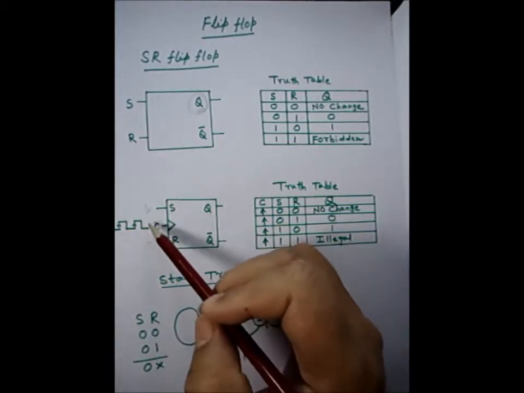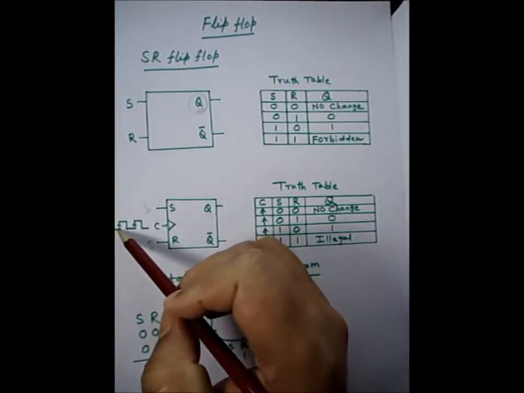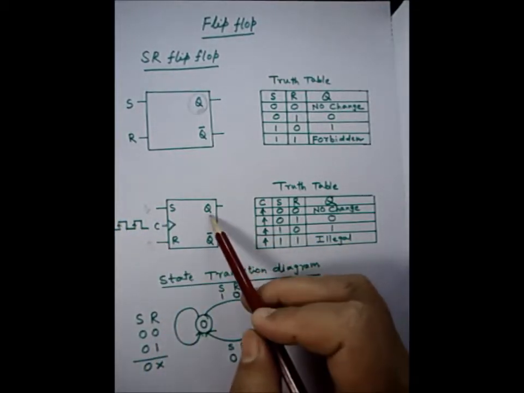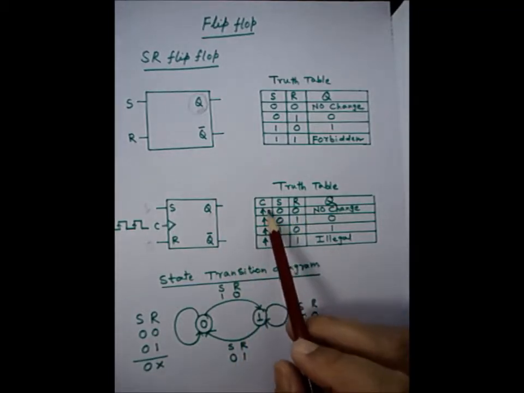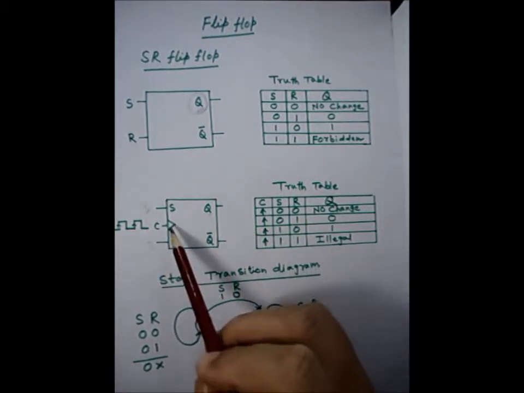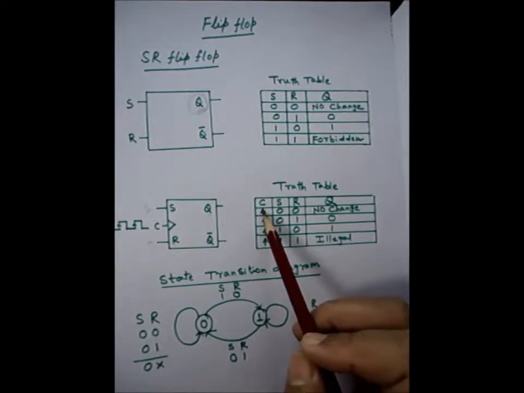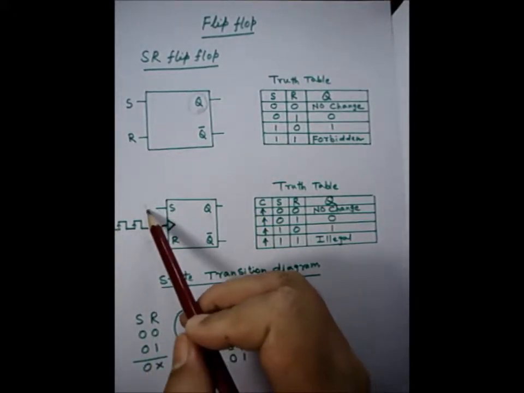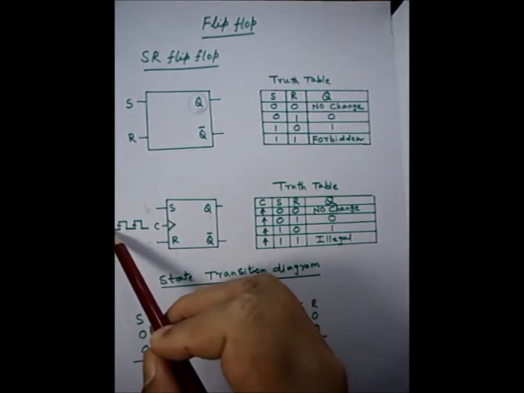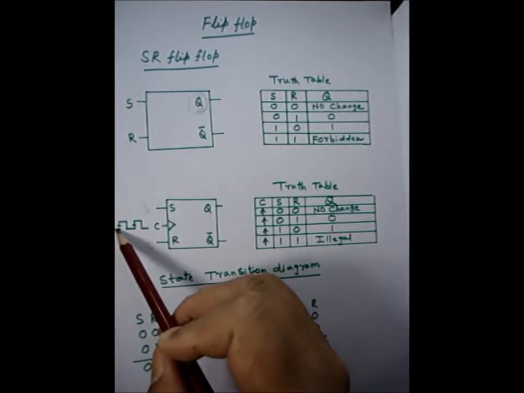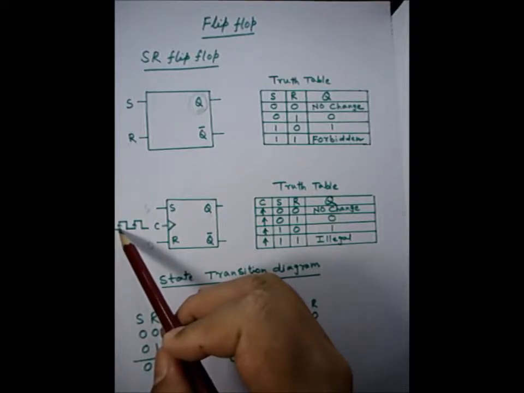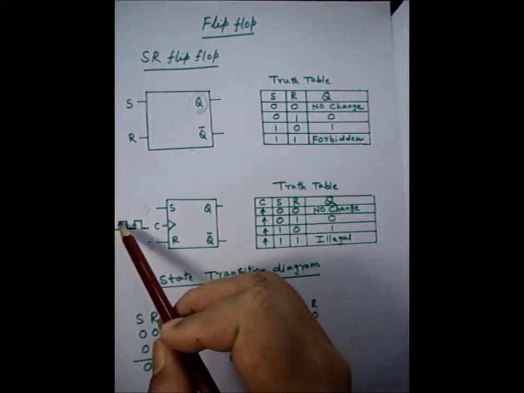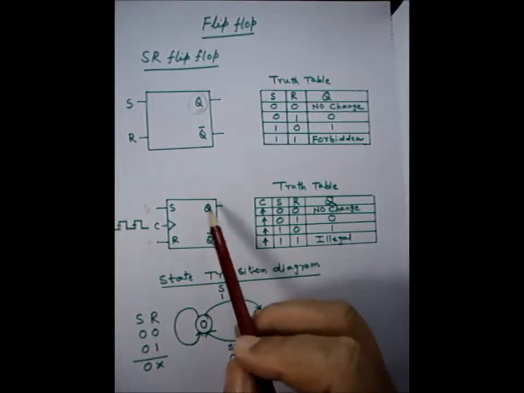Therefore, if I put S equal to 1 and R equal to 0, only when the pulse arrives and goes from 0 to 1 will Q become 1. That is the meaning of the clock pulse shown here. Before that, whether it is 1 or 0, it will not change Q. Only at the moment it goes from 0 to 1 will the output change.